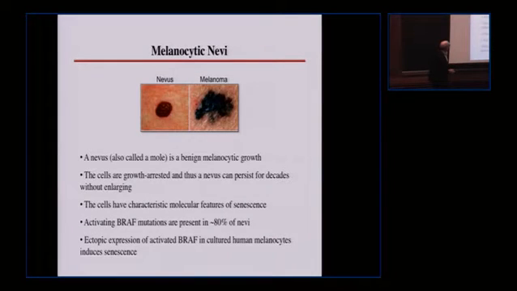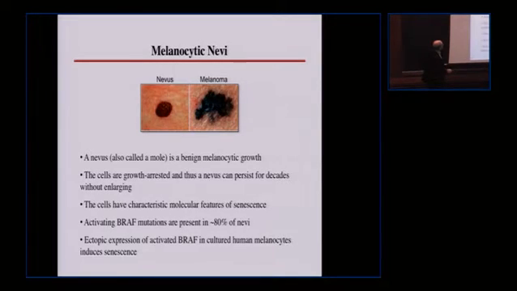Now, what made this such a good system to study oncogene-induced senescence is that there is a benign lesion called a mole or a nevus, and this is the same cell type that causes melanoma, namely a melanocyte. But unlike a melanoma, this is a growth-arrested lesion.